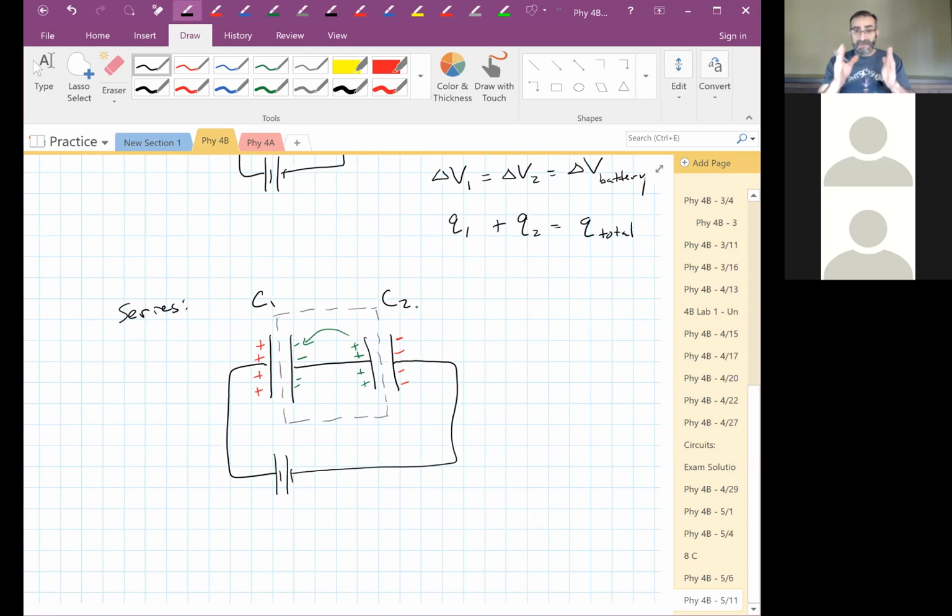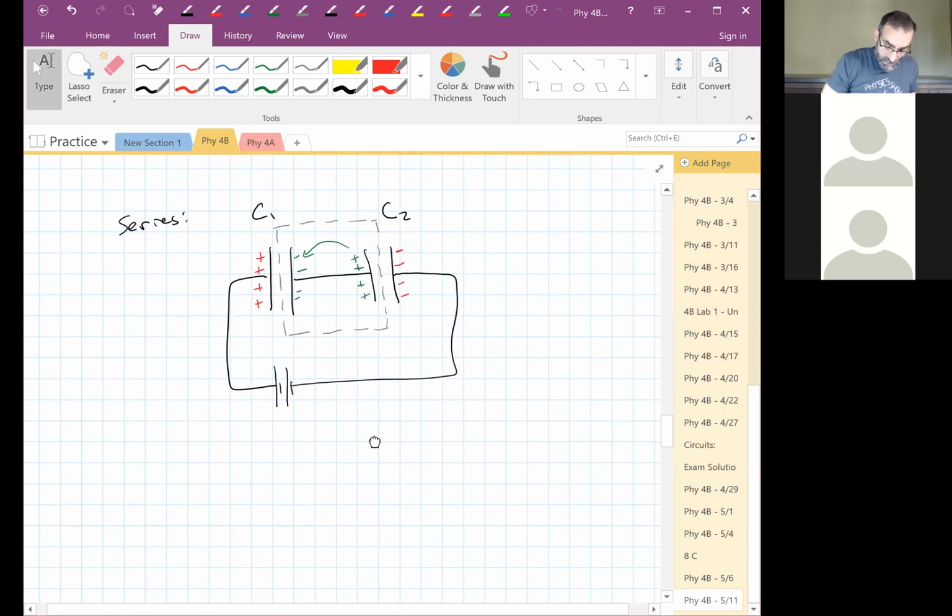So the plates would have the same charge as the outer plates. It doesn't matter if I have 2 capacitors or 10 capacitors in series, they all have the same charge stored in them because the battery does the outside 2 plates and all the internal plates align with them, match them. So in series, the charge on every capacitor is the same.